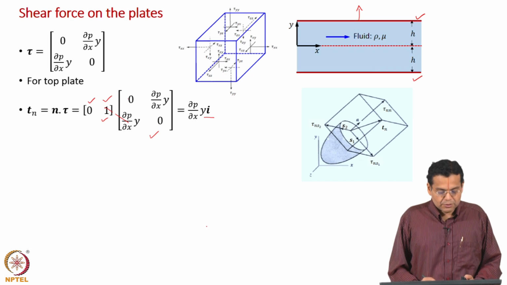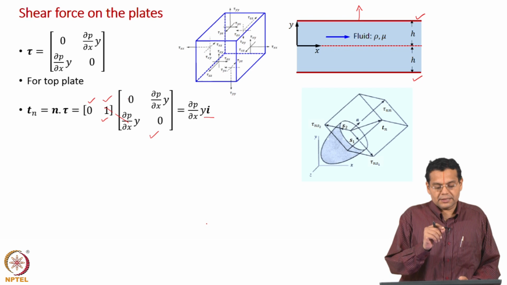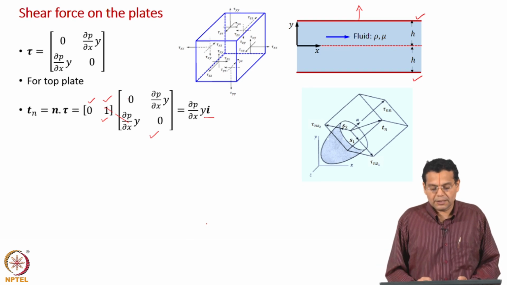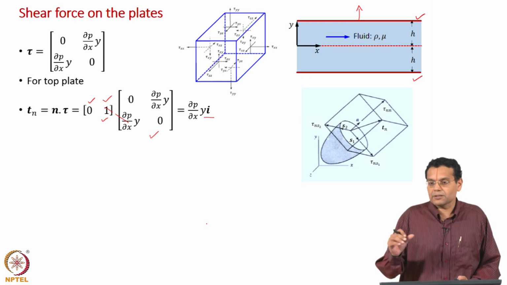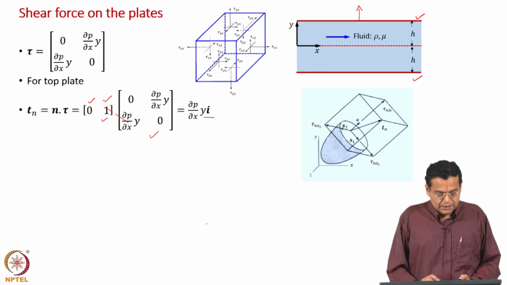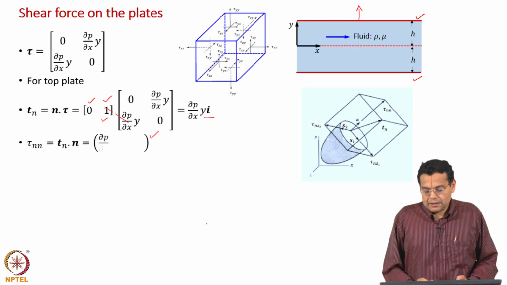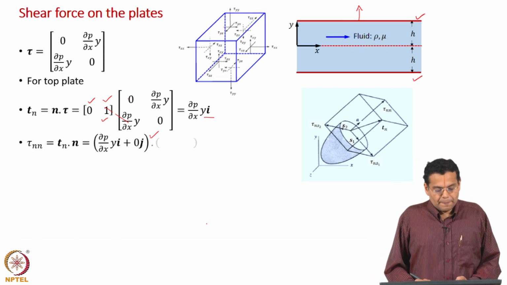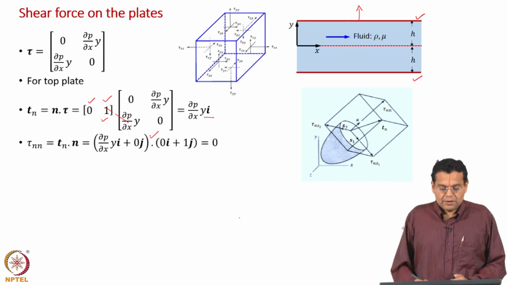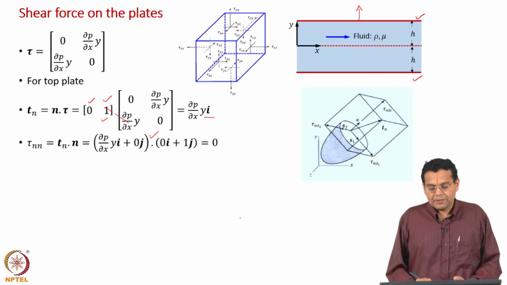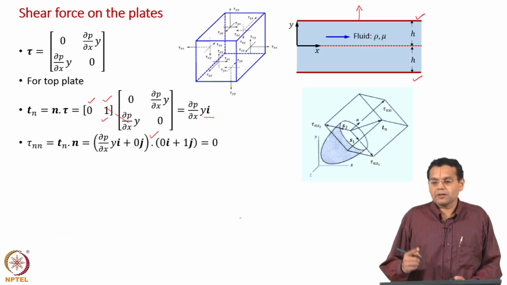Okay. So now this is the stress vector which you obtained using the stress tensor on the normal to the plane. In this case the plane is the top plate. Now, once we found out the stress vector, we found out the normal component and the shear stress component.